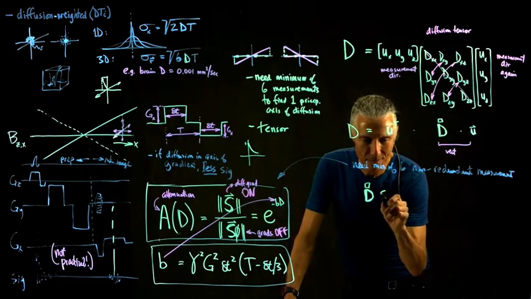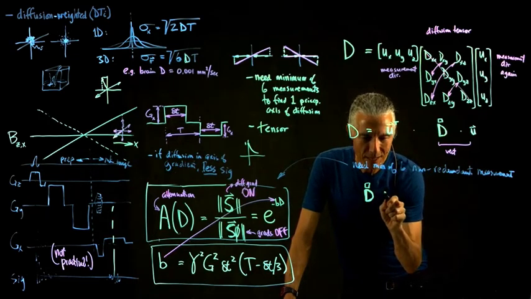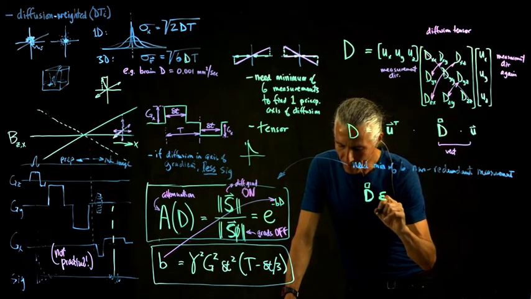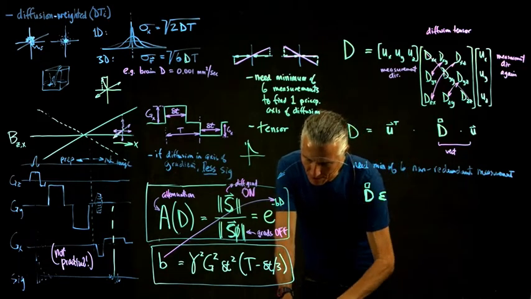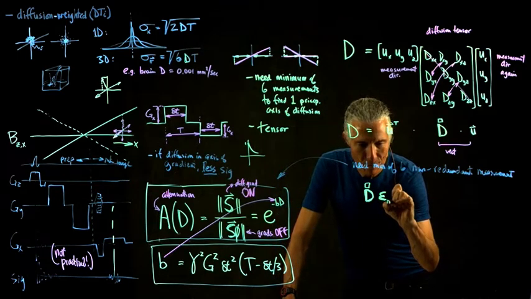And so the eigenvalue problem is to figure out the eigenvectors. Here's an eigenvector. There's 3 of them.